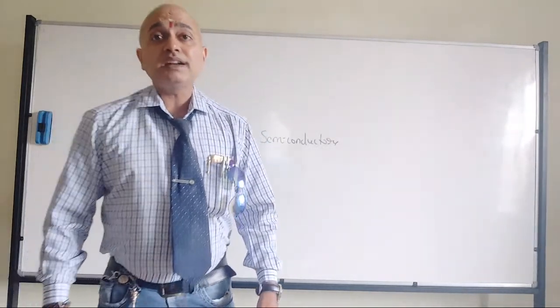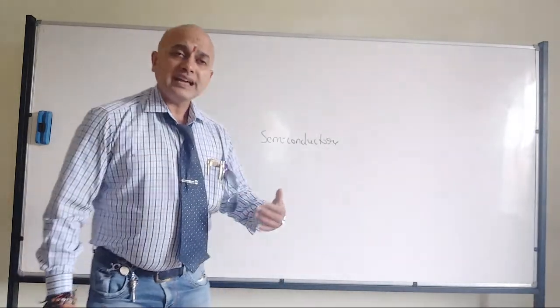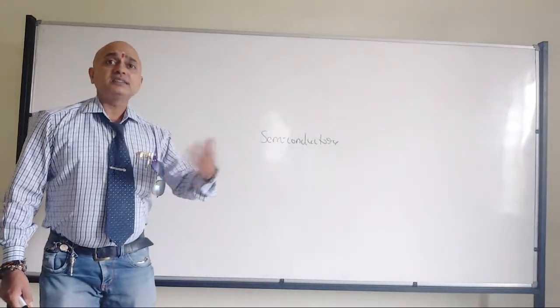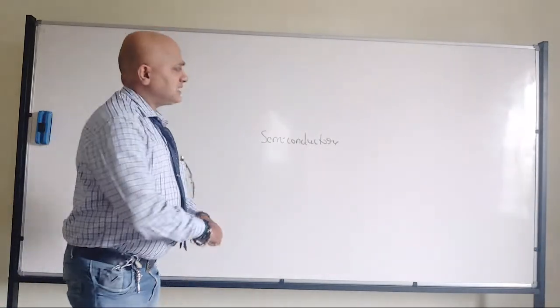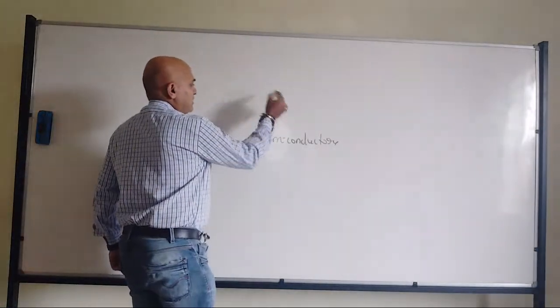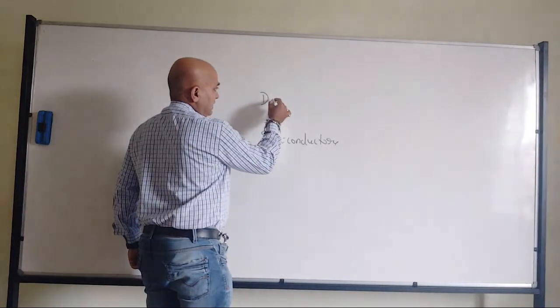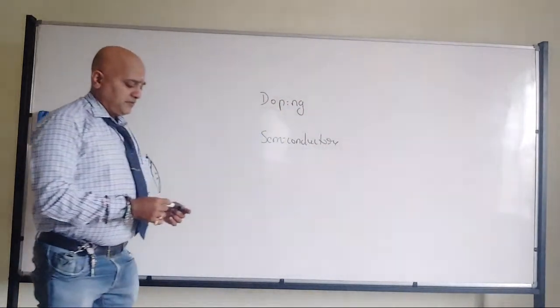Now these semiconductors can be made good conductors, or their conductivity can be enhanced, by mixing with other elements. Whatever semiconductors are present are due to the doping of some element with another element.